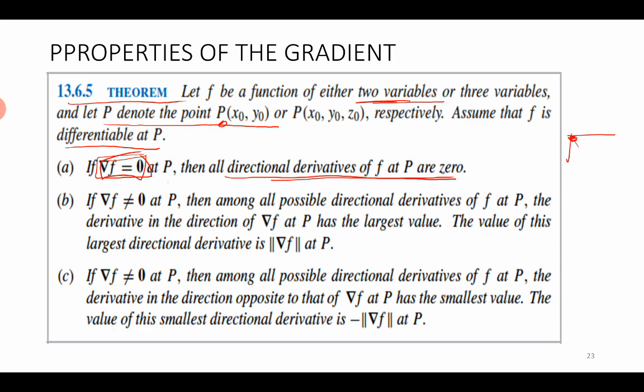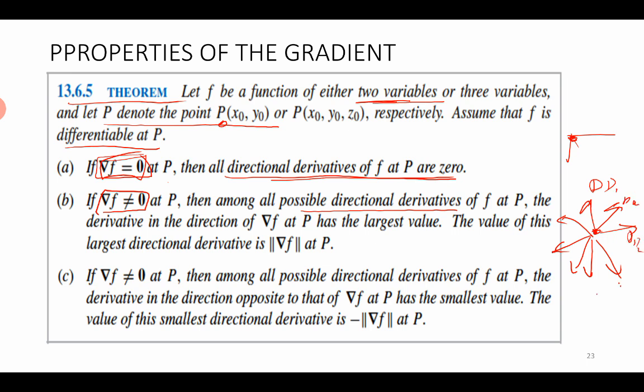If the gradient is non-zero, then at the point P there are many possible directions, and for every direction we can find a directional derivative: one directional derivative, two, three.